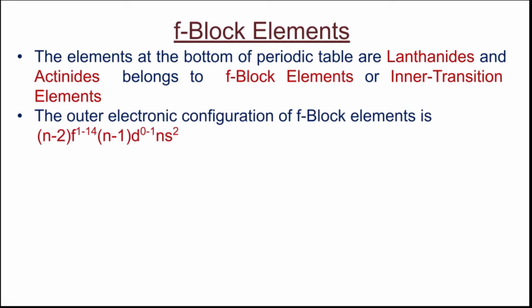That's why it is written 1 to 14. But in these elements, sometimes the d orbital will have 1 electron, otherwise there is no electron, and the ns orbital will be filled. That is the 6th and 7th period, so 6s and 7s, that is our ns, will be filled. That's why ns2 is written. So they have a general electronic configuration of (n-2)f 1 to 14, (n-1)d 0 to 1, ns2.